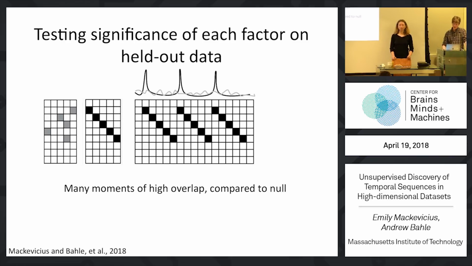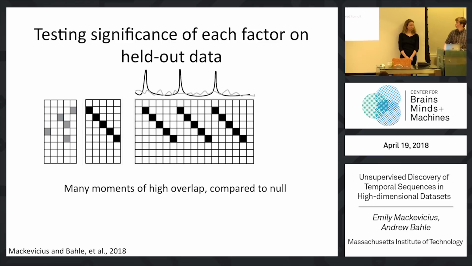One thing that you might want to do after you've fit your data and you've got some factorization is test if it generalizes to another data set. So here you could imagine that you have some data that you held out, and you have your factorization that you obtained from fitting the first half of your data. And now you want to see if it's still present in that second half.